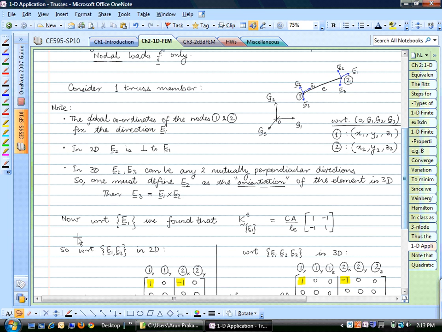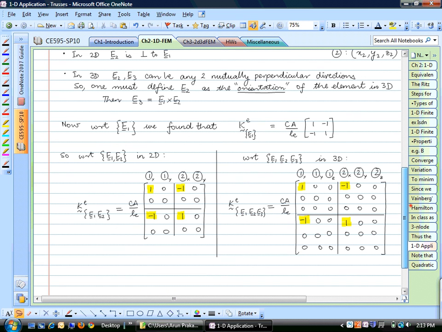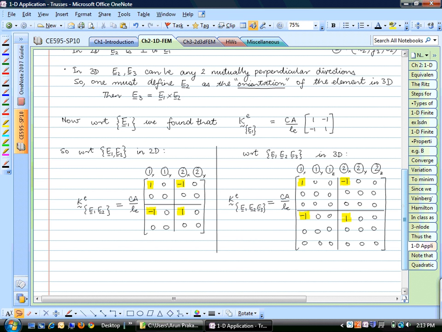Now with this, we found that our element stiffness matrix was this. If we were all oriented along E1, this was the element stiffness matrix that we had before. In order to extend this to 2 dimensions and 3 dimensions, all we have to do is consider the 2-dimensional case first.